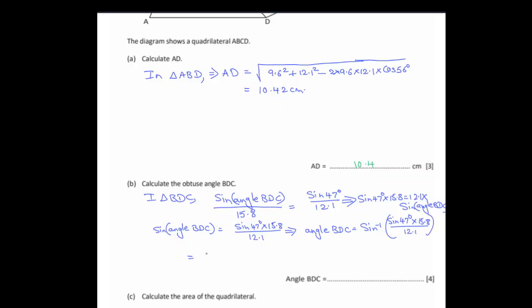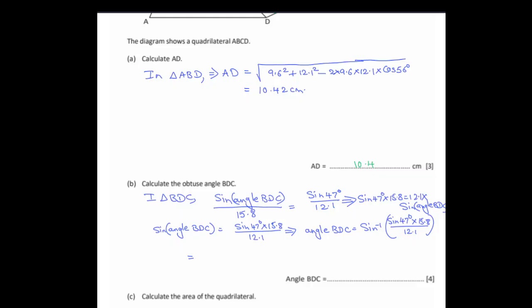This is equal to, find out using calculators, sine inverse of sine 47 into 15.8 by 12.1.